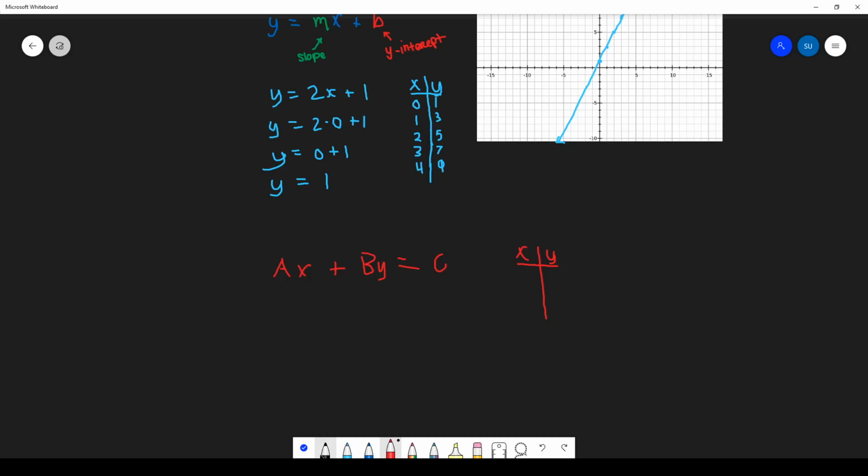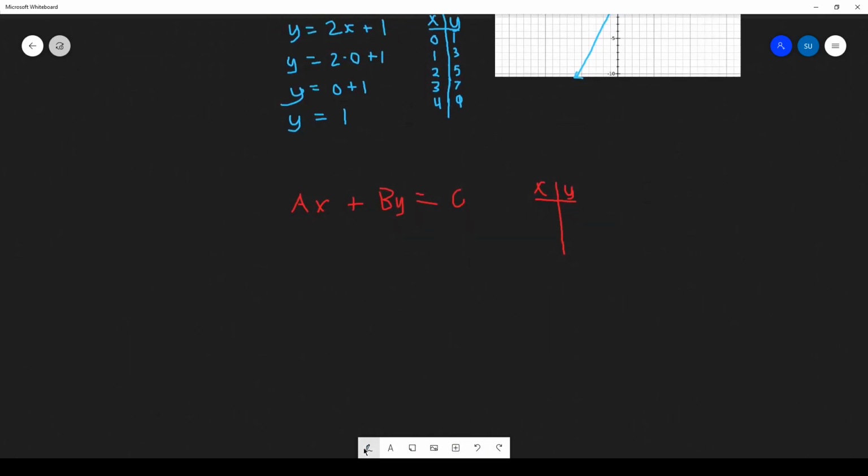So let's see here. Say we had the equation 4x plus 3y equals 12. Why not? So like I said, it's the same concept. You plug in an x value. Say we have x equals 0, and then you solve.